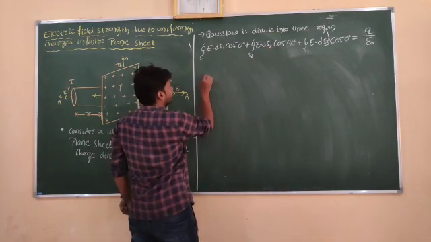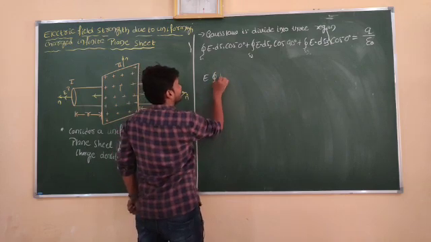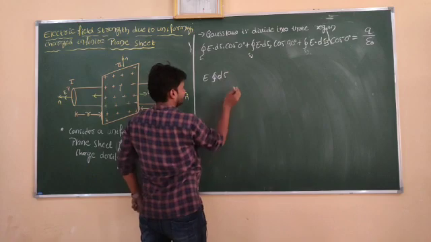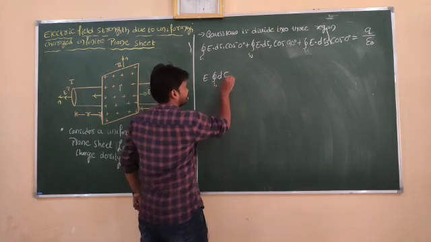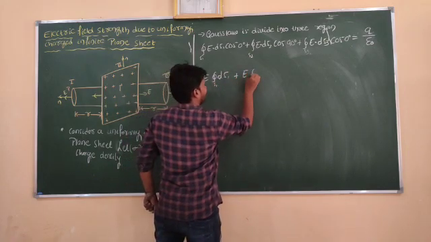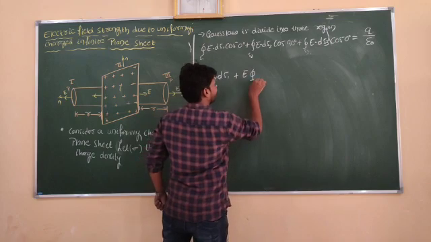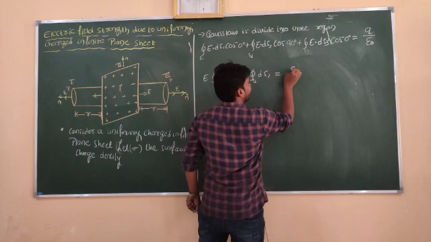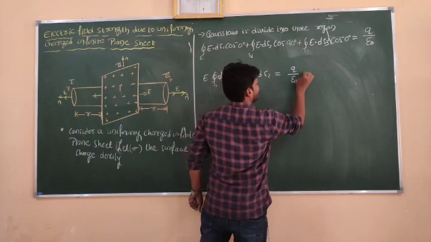So I will consider E into dS, or for the first one, surface integration of E into dS1 plus surface integration of E into dS2, it is equal to Q by epsilon naught.